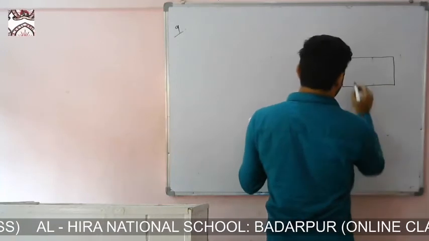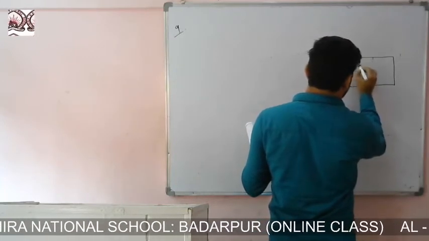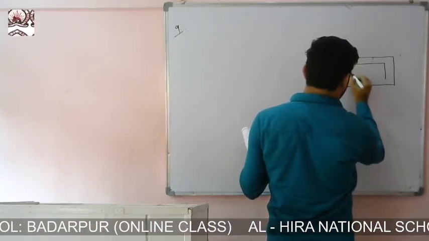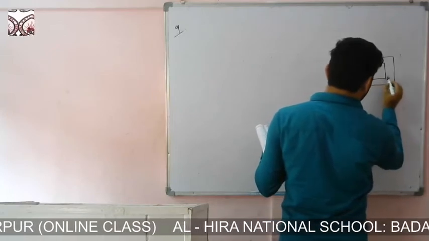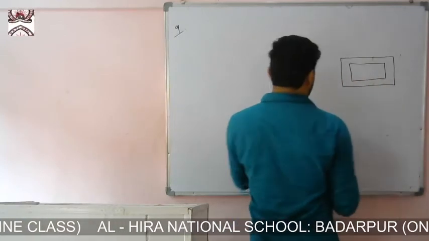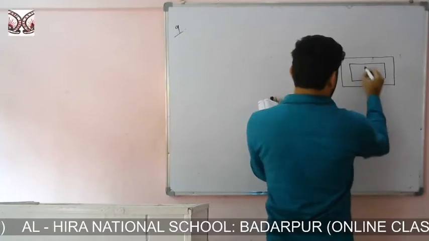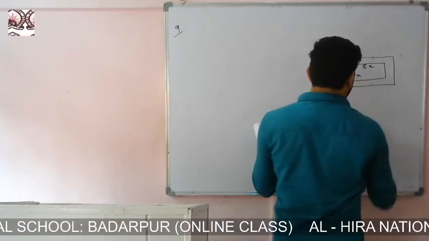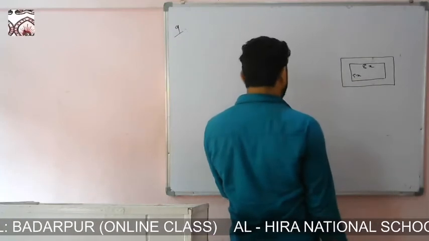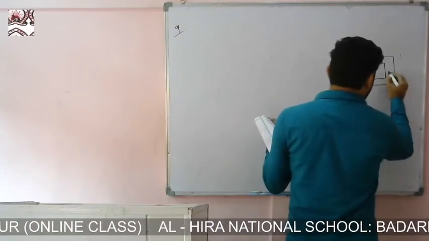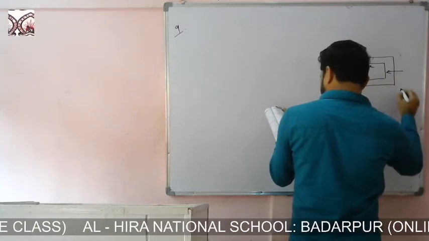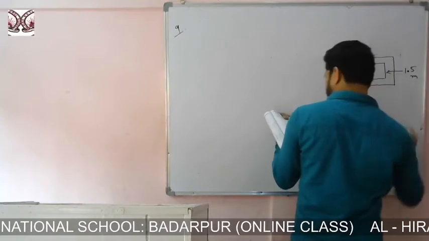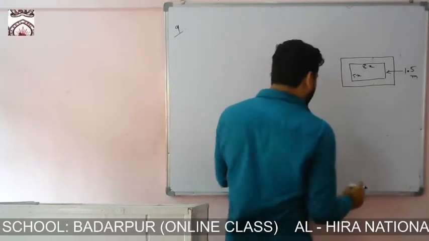Okay, this one is 8x and 5x. That means breadth is 5x and length is 8x. Okay, and this white portion is what? 1.5 meter. Okay. Now we have to find the dimension.